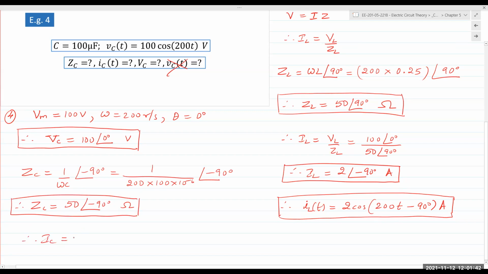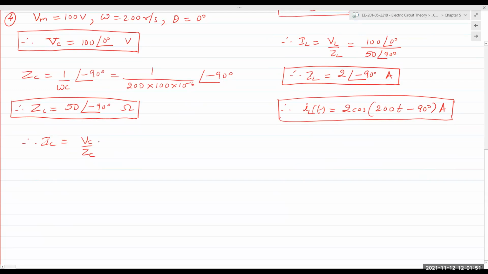IC is VC over ZC. VC is 100 angle 0. ZC is 50 angle minus 90.